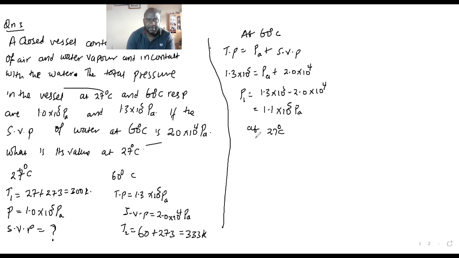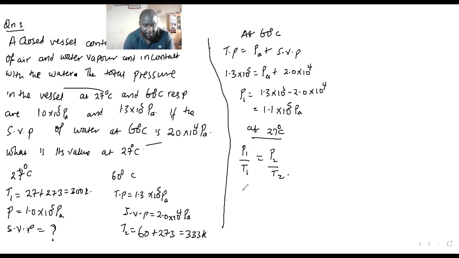Then at 27 degrees Celsius, because the air obeys gas laws, we can have pressure P1 over temperature T1 equal to pressure P2 over temperature T2. They're asking us for the value of the pressure at 27 degrees Celsius.